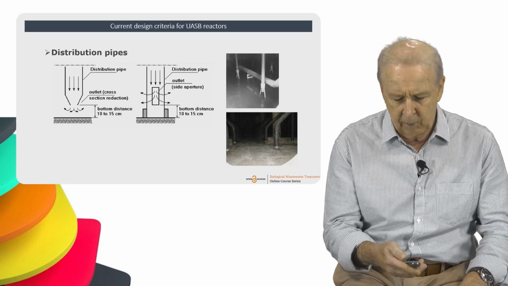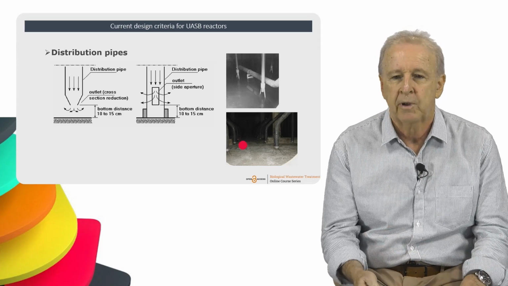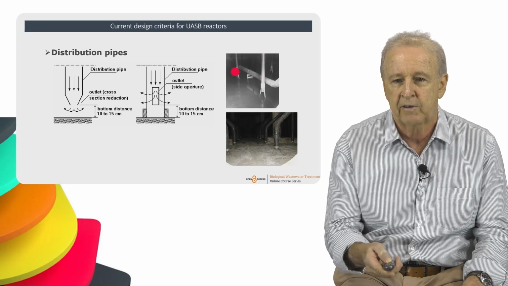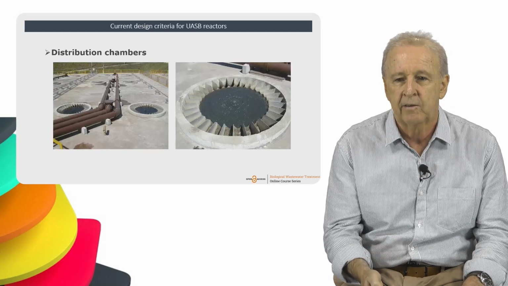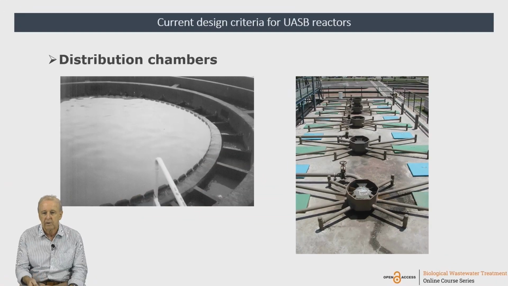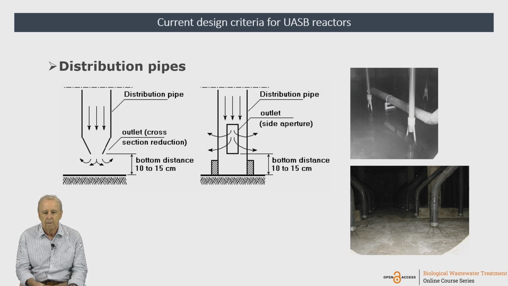Here we have examples of distribution pipes. In here, vertical pipes. So these sort of pipes, the vertical ones, are related to this distribution chamber. You see here the distribution pipes. They are distributed on the top in different points, and they go in a vertical position until the bottom of the reactor, as we can see here.